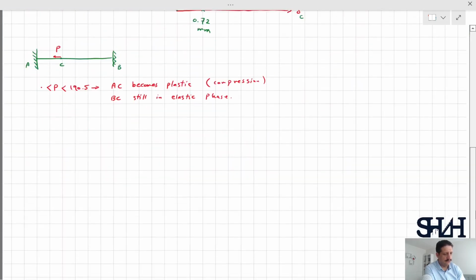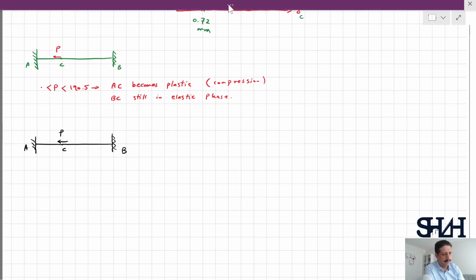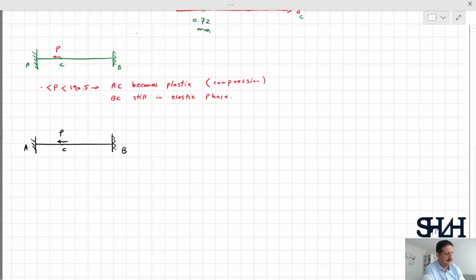A very straightforward approach to deal with this type of questions: point A, point B, point C, and this is force P. The easiest method is to calculate Fy of AC and calculate Fy of BC.